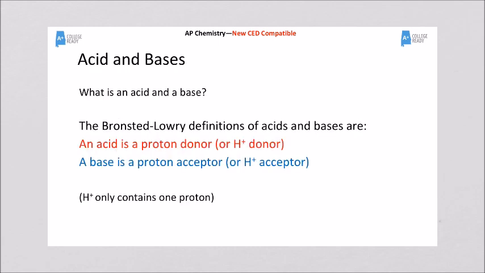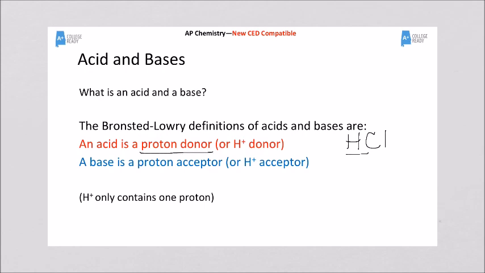There are several definitions of acids and bases, but the one we need to focus on is called the Bronsted-Lowry definition, okay? And an acid can be any substance. I mean, we think about acids as substances that start with a hydrogen, like that, but a broader definition is an acid is any substance that can give away a proton.